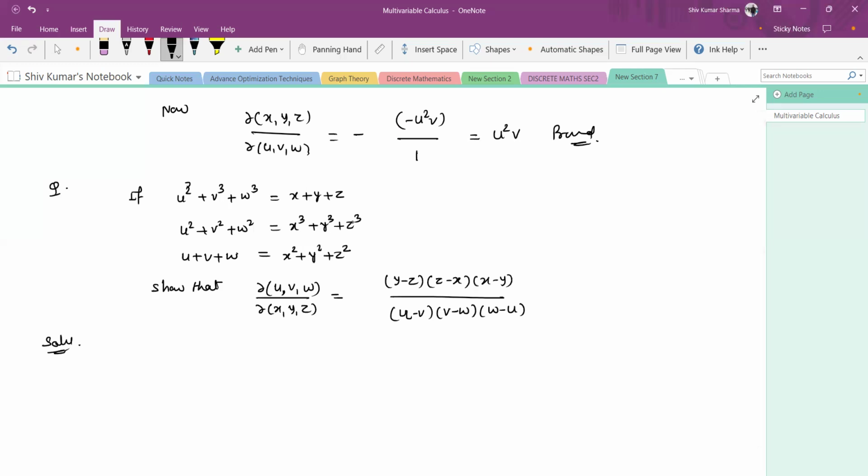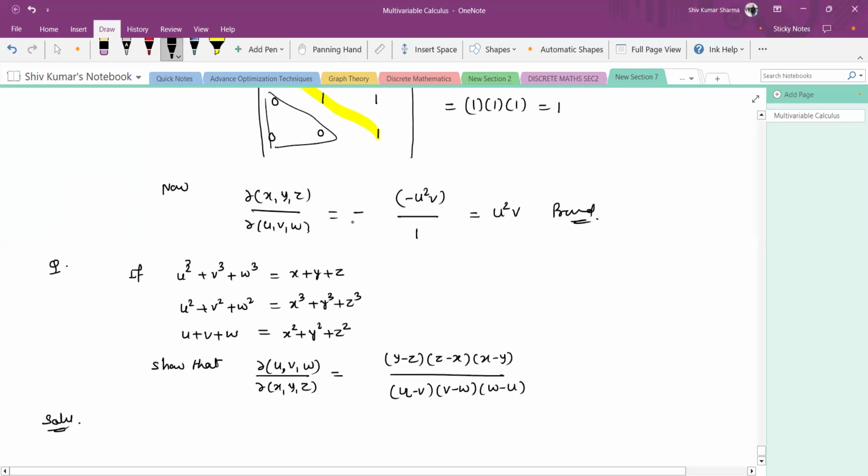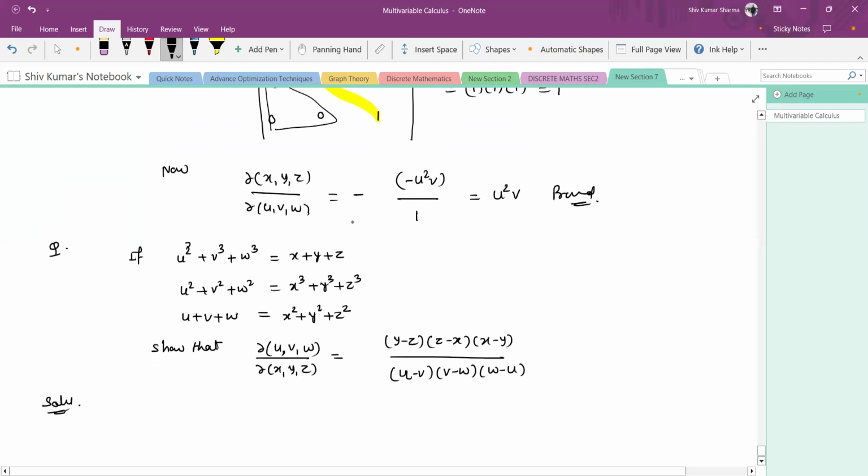So we solve this also. In the previous question we calculated ∂(x,y,z)/∂(u,v,w), but here we calculate ∂(u,v,w)/∂(x,y,z), so we have to remember this. These problems are related to implicit functions. We can check using the LHS part of the required question.